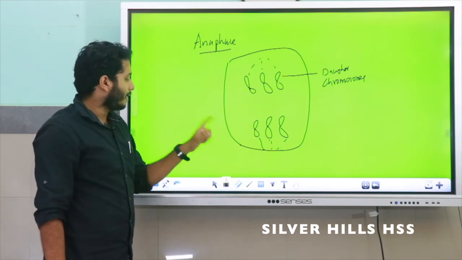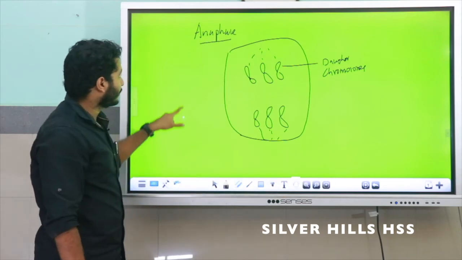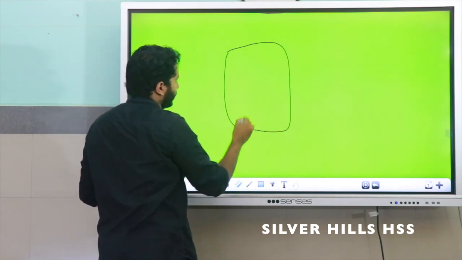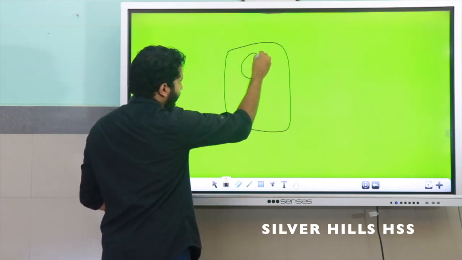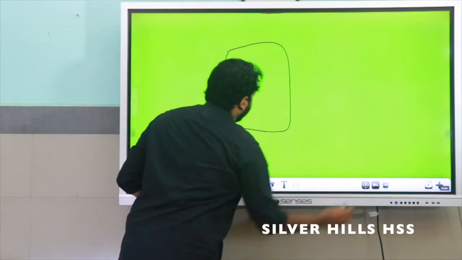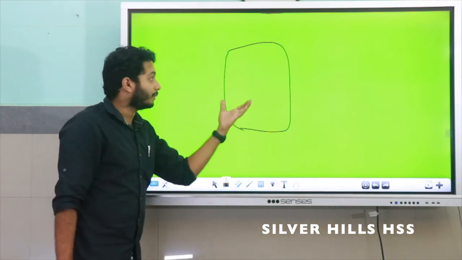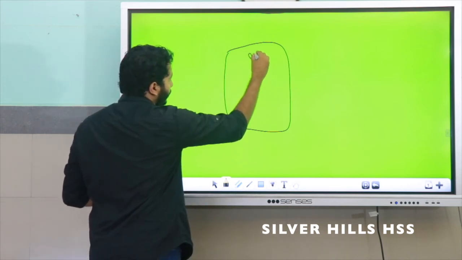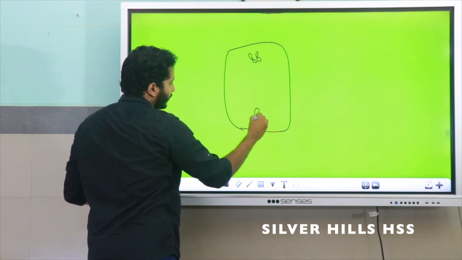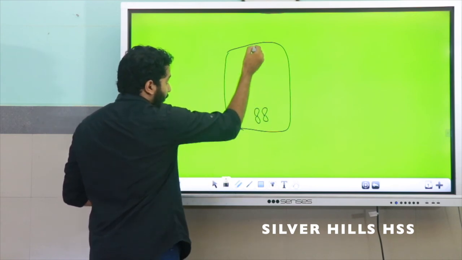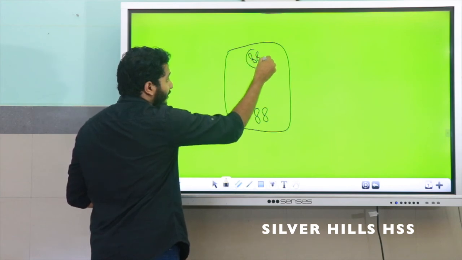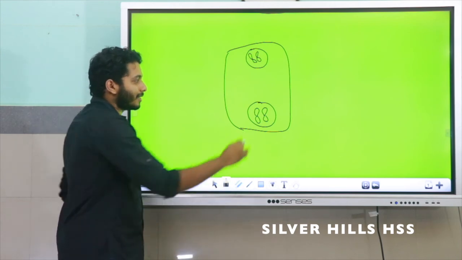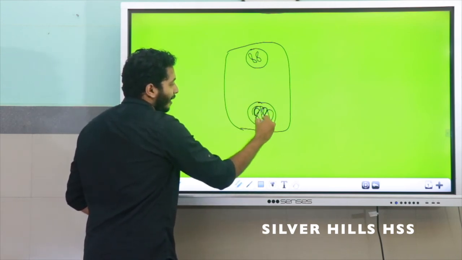The last stage of karyokinesis is called the telophase. Let me explain the various processes involved during telophase. Now, the daughter chromosomes are there in the poles of the cell, and during telophase the nuclear membrane reappears, and these chromosomes get converted back into chromatin reticulum.